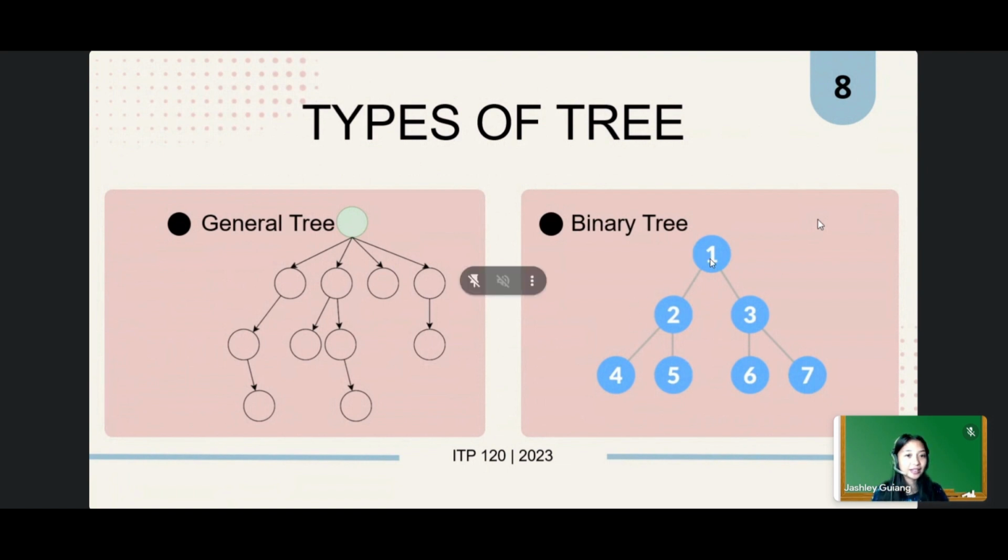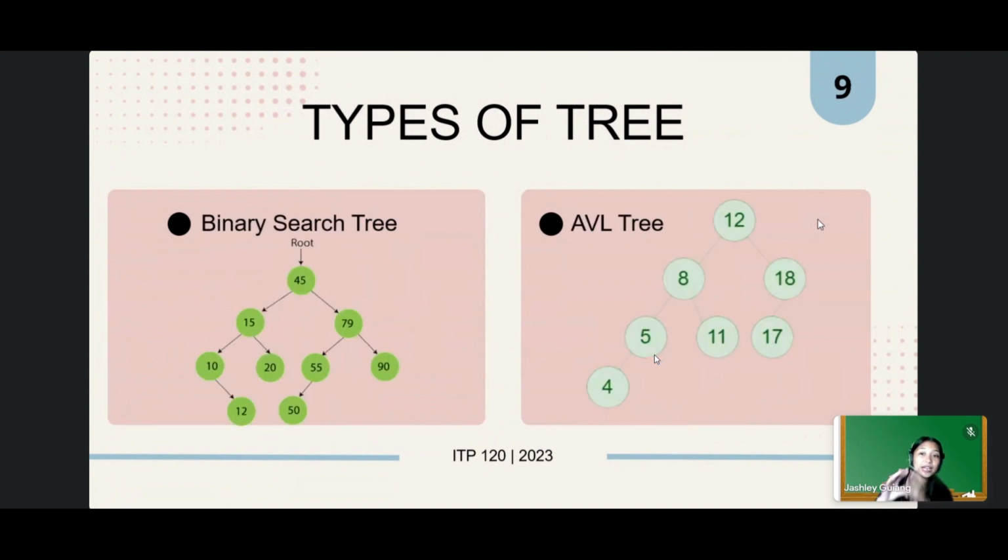As you can see here, the root has only two children, and the descendants of 2 and 3 are only two nodes. That is a binary tree. And then the binary search tree, the definition itself says that the left side node of this tree would always be less than the value of the root.